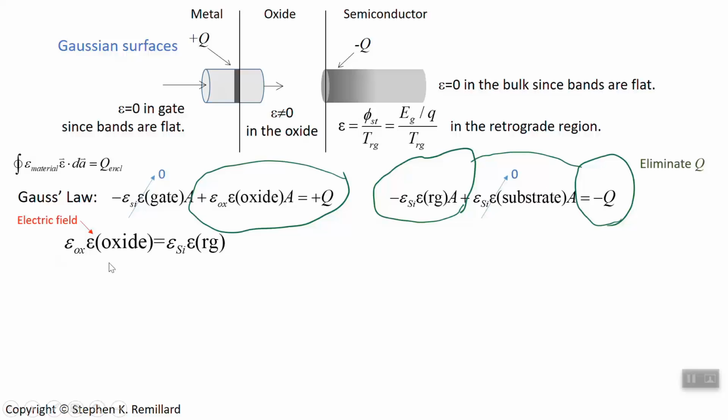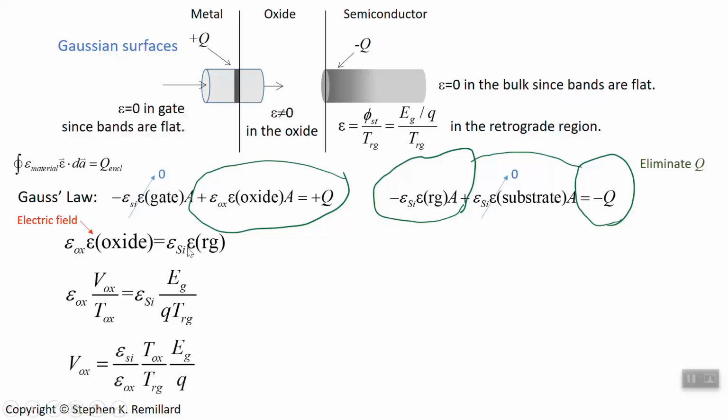That's nice and simple. We can write these things in terms of some potentials. The electric field in the oxide is whatever the voltage drop is across the oxide divided by the thickness, parallel plate situation. And the electric field in the retrograde region, we had already made the argument, in order to do problem 7.8, we'll take it as the band gap over Q over the retrograde thickness.